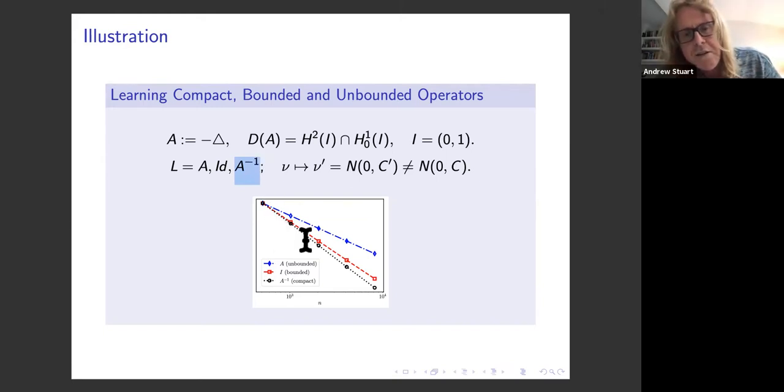What you see here is part of the more general and very precise theory that we have, which quantifies the hardness of learning the inverse operator as compared with the forward operator.